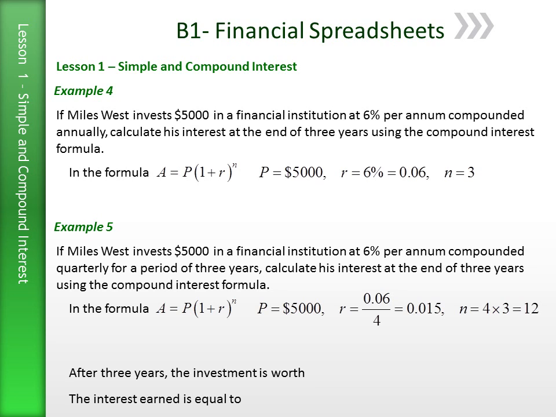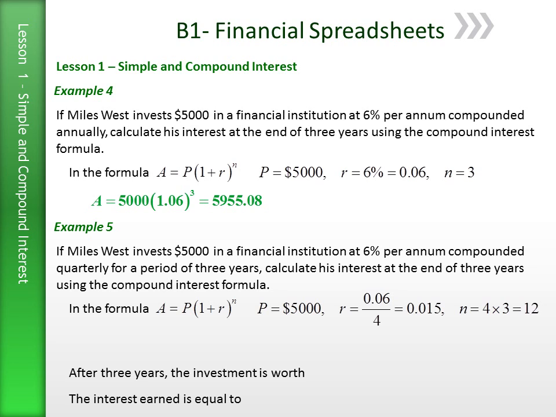Principal is 5,000. Our interest rate is 6%, or 0.06. And our n is 3. We're dealing with 3 years. So A equals 5,000 times 1.06 raised to the 3rd power. Throw that in our calculator, and we get $5,955.08.